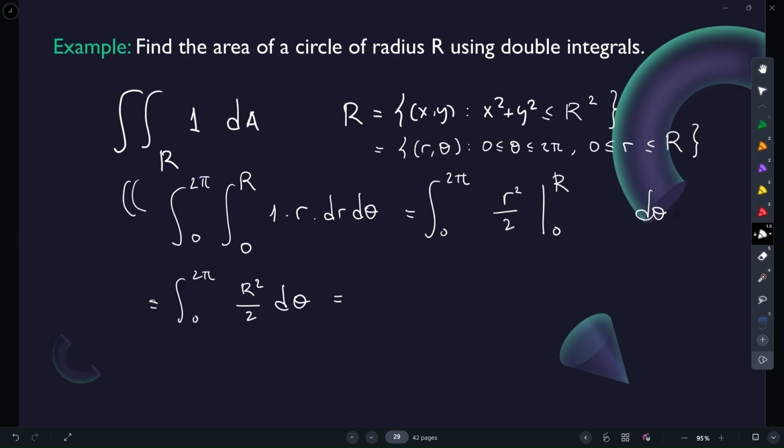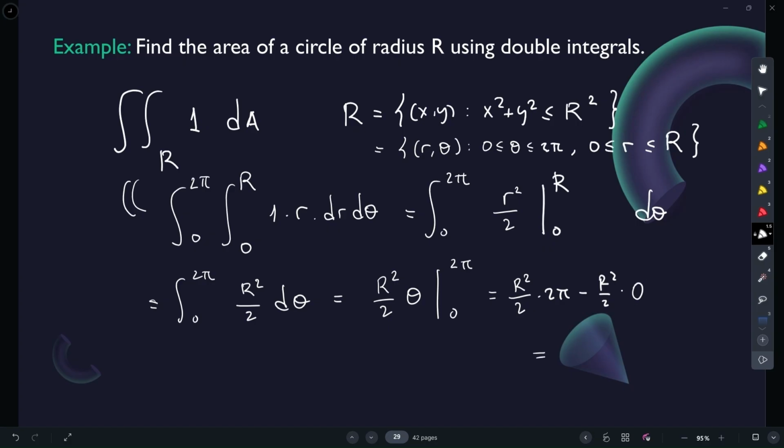And that is constant. R squared divided by 2 is constant with respect to theta. So when I integrate with respect to theta, I get R squared divided by 2 theta between 0 and 2 pi. And when I evaluate theta at 2 pi, I get R squared divided by 2 times 2 pi minus R squared divided by 2 times 0, times 0, not theta.